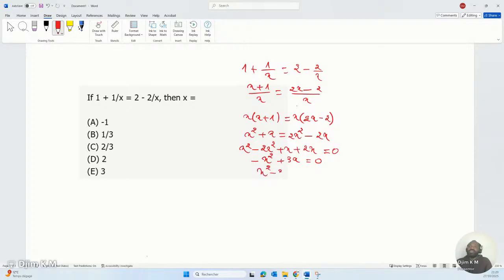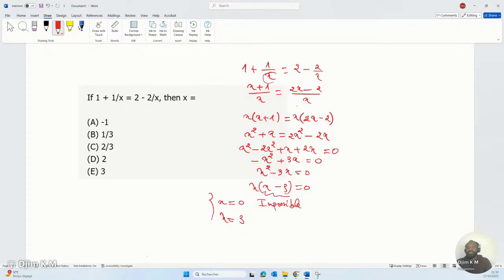X squared minus 3x is equal to 0. So x can either be equal to 0, but this is impossible. X cannot be equal to 0 because if we say x equal to 0, 1 divided by 0 is impossible, or x can be equal to 3.